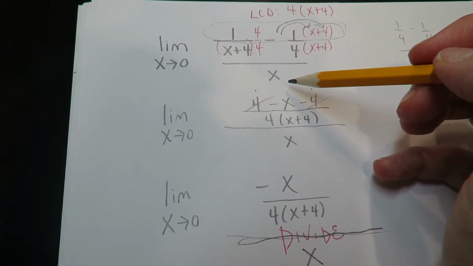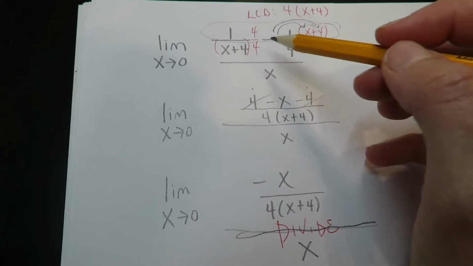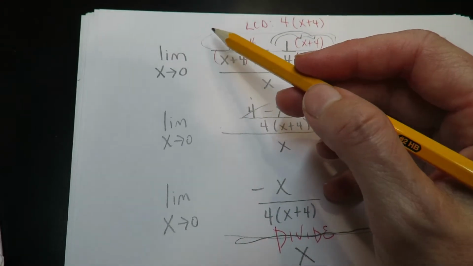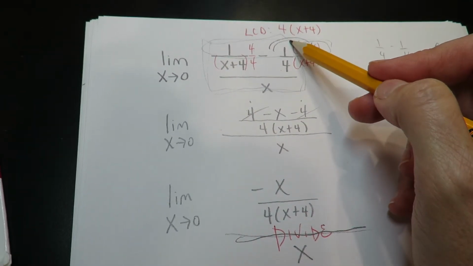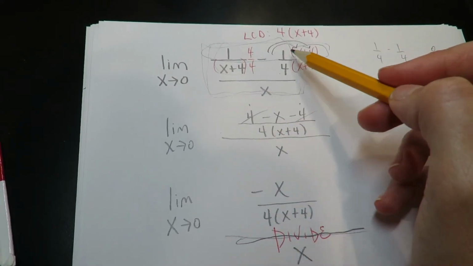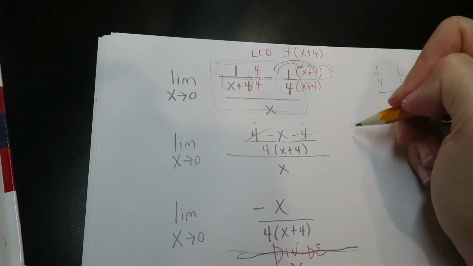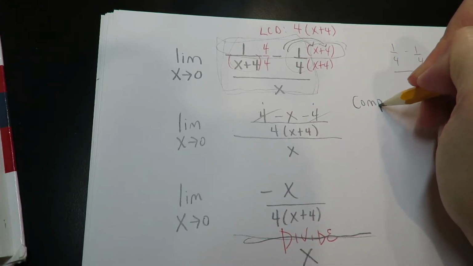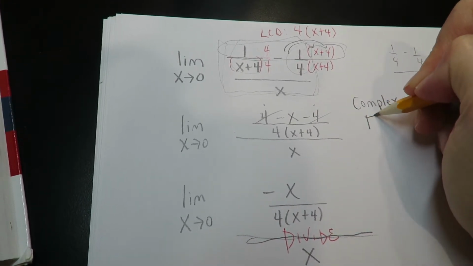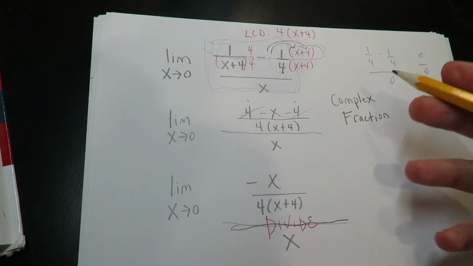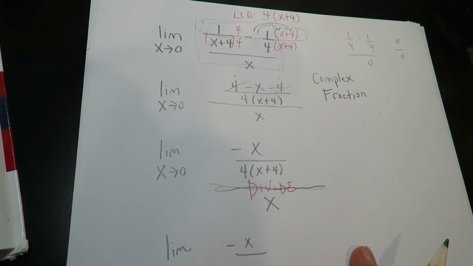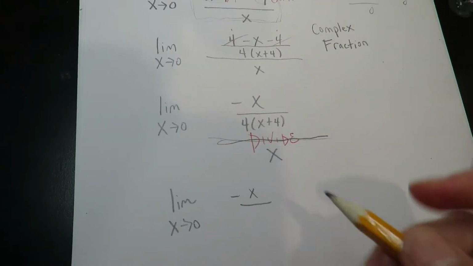It's like if you've ever seen that movie Inception, right? It's a reality inside a reality. So here's the bigger fraction. This is the big fraction. And then there's the little fractions. So a complex fraction is when you have fractions inside of fractions.